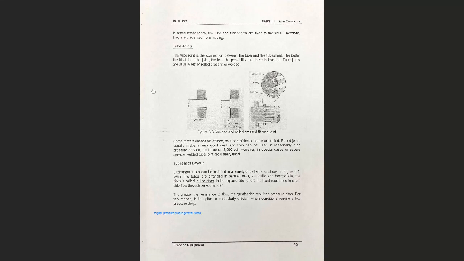Let me explain why, guys. Let's say as an example, you have two lines with the same distance. This is the first line, and this is the second line. In the first line, you have a huge pressure drop. Your equipment always has high resistance, so you get a pressure drop.